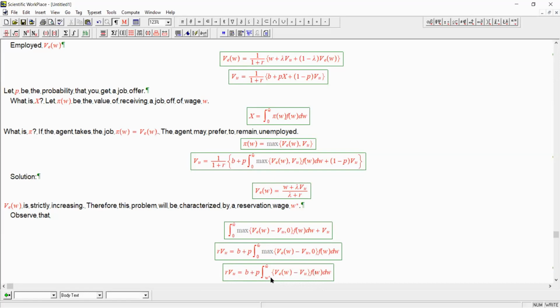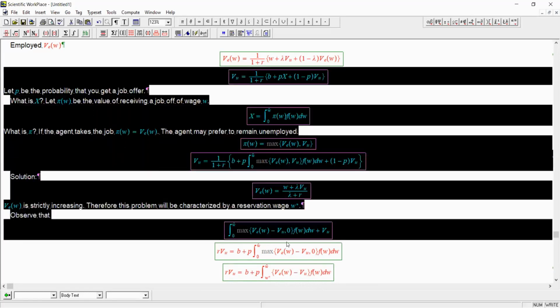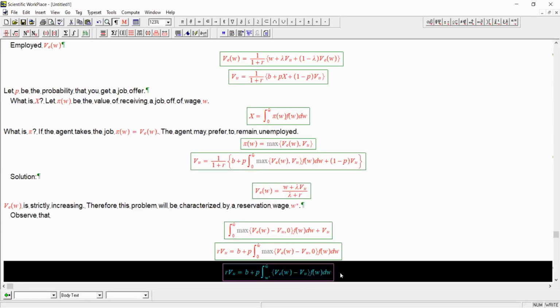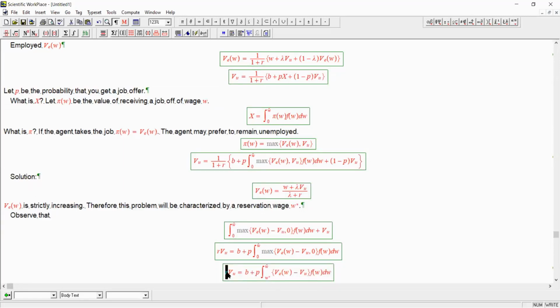So very often search theorists, without going through all of these steps, just write down the value function like this. They know that the value function of being in this state of unemployment, or any other state, is the flow of payments you get from being there, plus the probability that something might change in your status, times the expected value of that change in status.